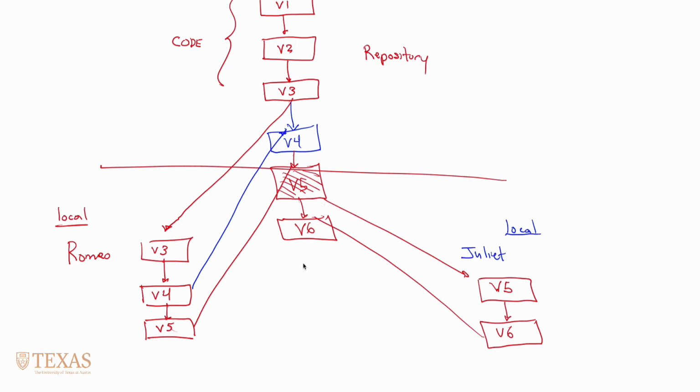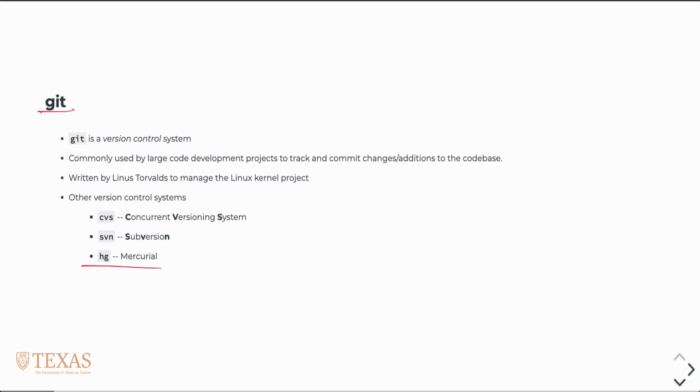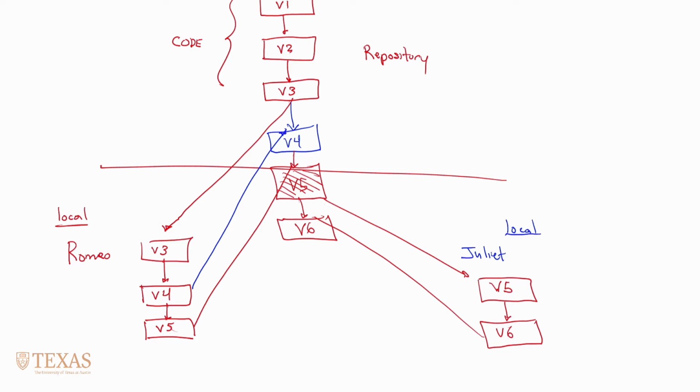So in a distributed version control system, you could have the same setup where you have a repository of commits stored in some remote server.